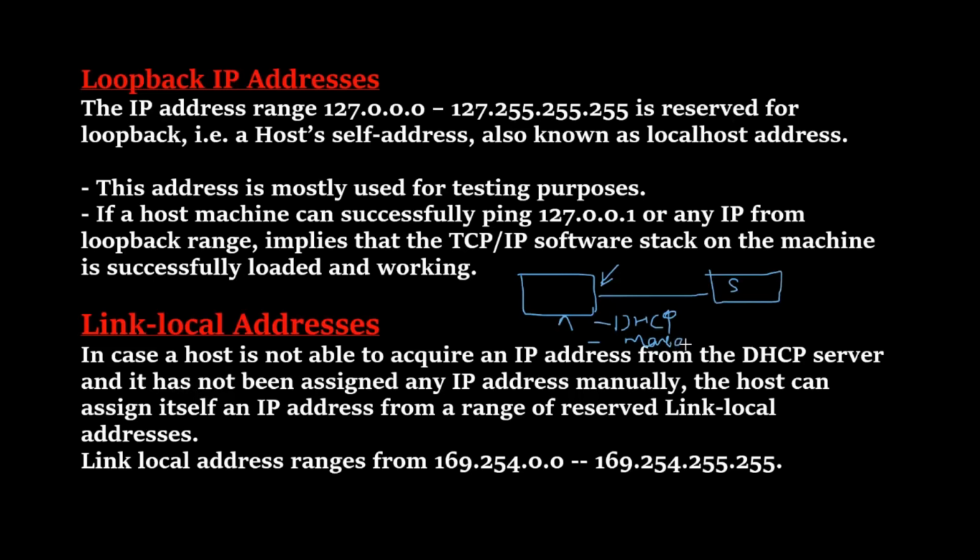But what will happen if you connect a cable to this PC, which needs one IP address at any cost, you don't have any DHCP server in the network, and you have not assigned any manual IP address either? What will happen in that case?